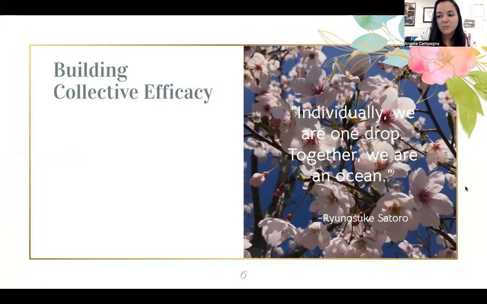So to do this, we need to believe in and become confident in our abilities to make a difference. So this is what collective efficacy is all about. So when your team has a shared vision and a shared belief that they really can make a positive impact, you can create positive change in your school. Hopefully this can boost your students' achievements and lead to a more collaborative culture as well.